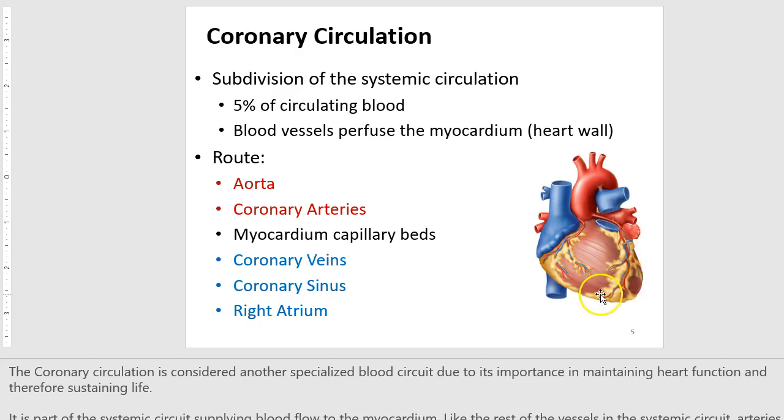The blood travels into capillary beds that perfuse the myocardium, and oxygen is delivered, carbon dioxide is picked up, and now the blue vessels, the veins, merge together into a coronary sinus, which is on the posterior surface of the heart. That coronary sinus will then deliver the deoxygenated blood into the right atrium, just like the superior vena cava and the inferior vena cava do.